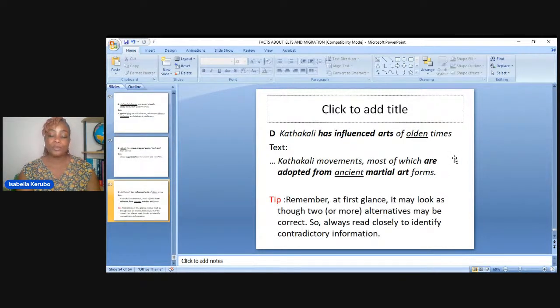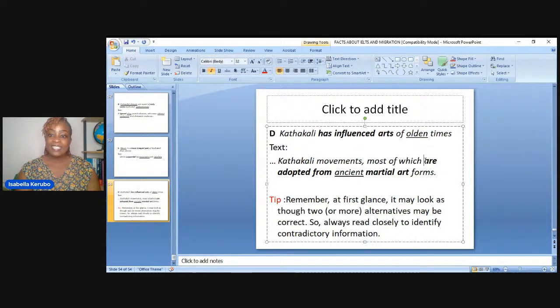Let's look at option number D. Kathakali has influenced arts of olden times. And in the text, they said Kathakali movements, most of which are adopted from ancient martial art forms. And this is the determinant. This is what we are looking at. What did the text say?